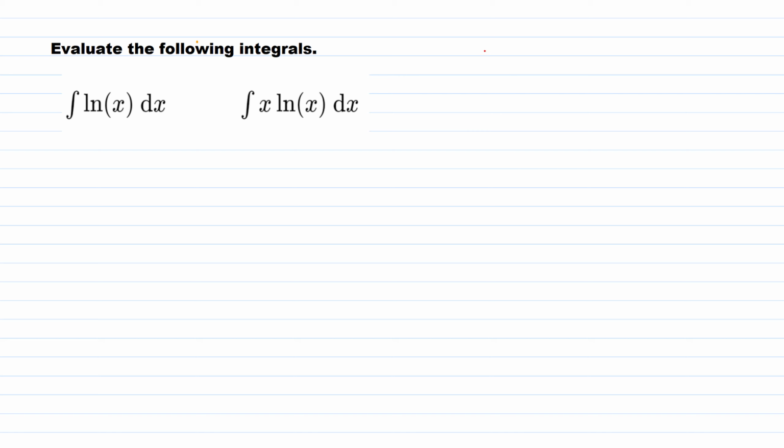What we know is that the derivative of natural log of x is 1 over x. But there is no function whose derivative is natural log of x. So we can't answer in one line.